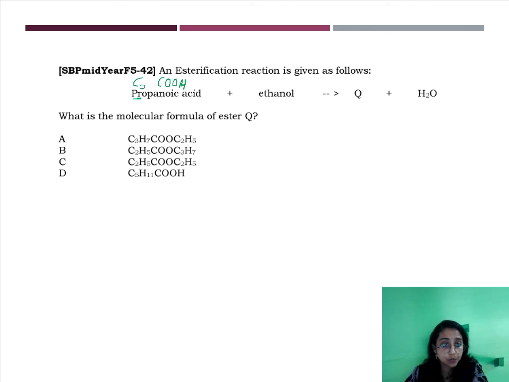So C2H5 COOH and ethanol C2H5OH. So cut off the H and the OH. So merge out. When you merge them, you'll get C2H5 COO C2H5. So the answer is C.